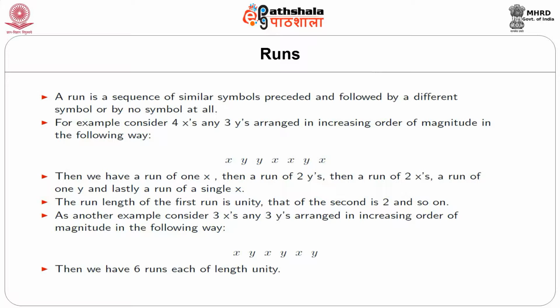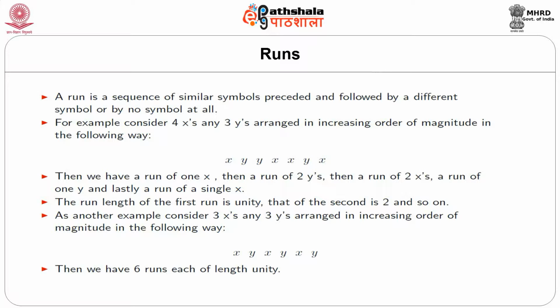Then we have a run of 1 x, then a run of 2 y's, then a run of 2 x's, a run of 1 y, and lastly a run of a single x. The run length of the first run is unity, that of the second is 2, and so on.